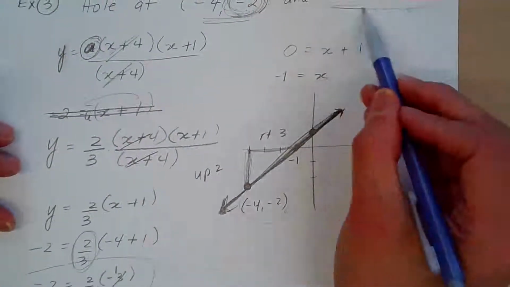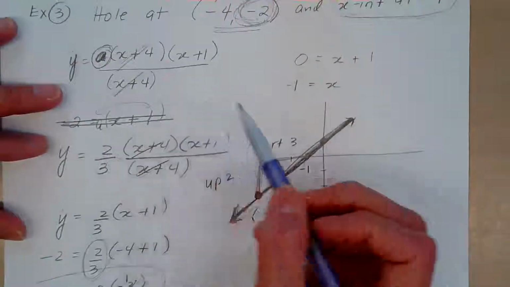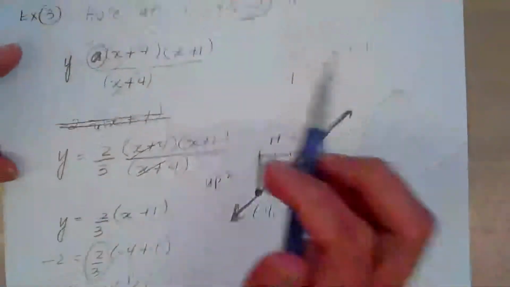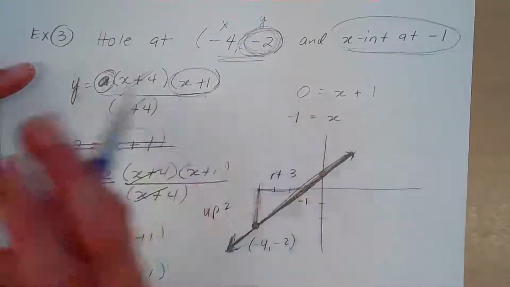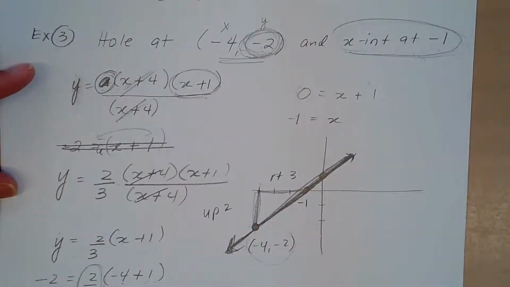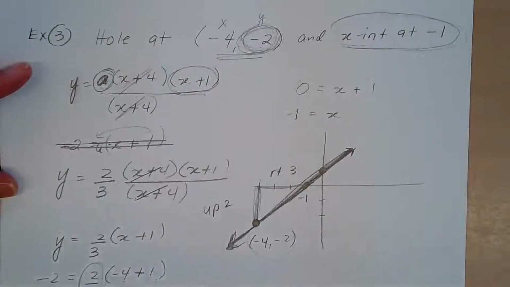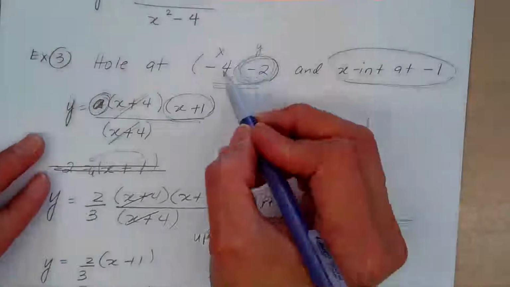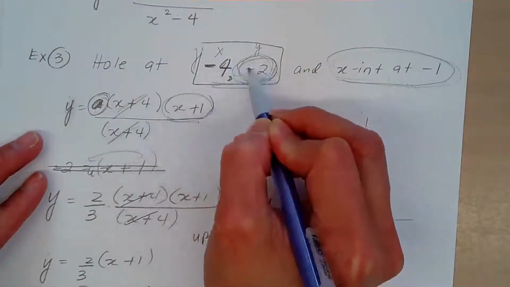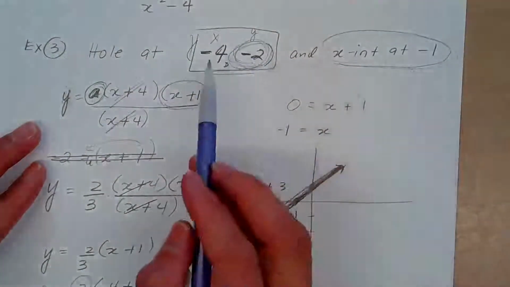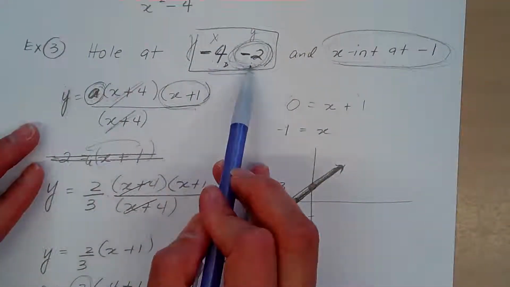This x-intercept would still be x plus 1 from this x plus 1, because we factor out. The -2 is from this point of discontinuity, because the x is -4, the y is -2.